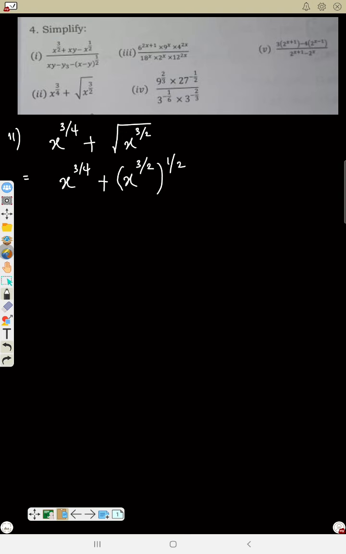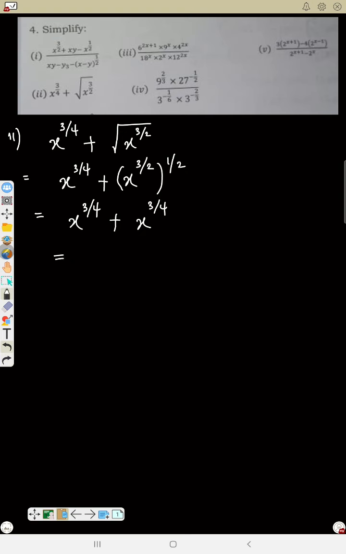That square root will become power half. So this will be s raised to power 3 over 4 plus s raised to power 3 over 4, because 2 times 2 will give you 4, 3 times 1 will give you 3.